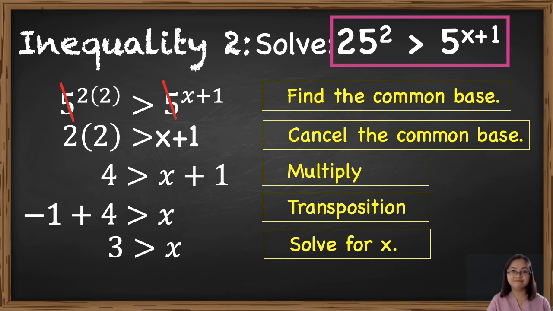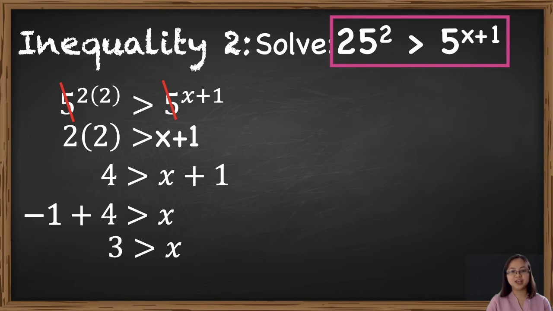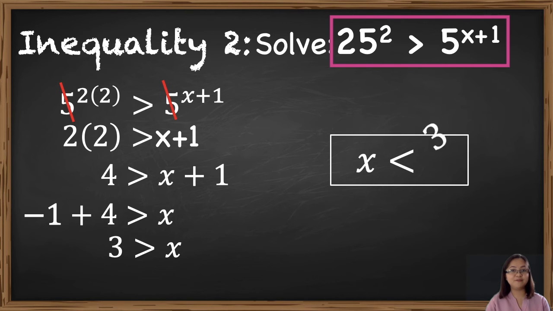Take note of the sign. We flip the sign over because we also change the sides of the inequality. So we have x is less than 3. Take note of the inequality sign. We have flipped it. So let's have the next example.